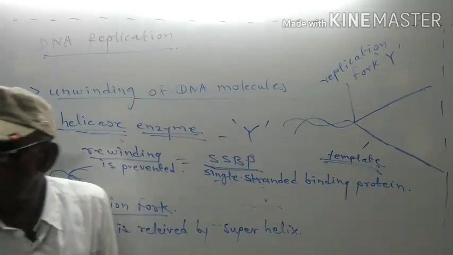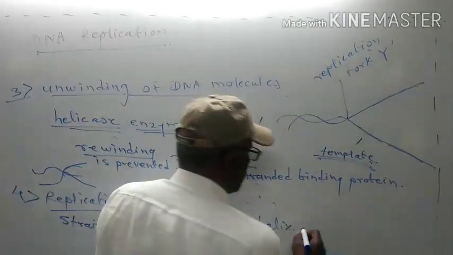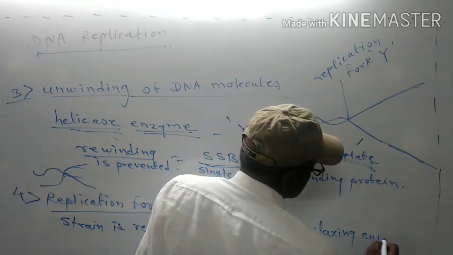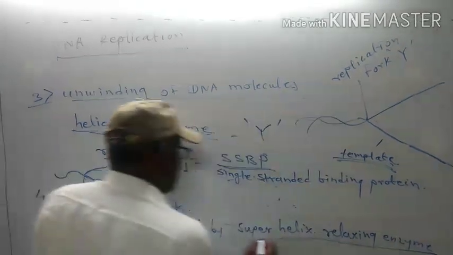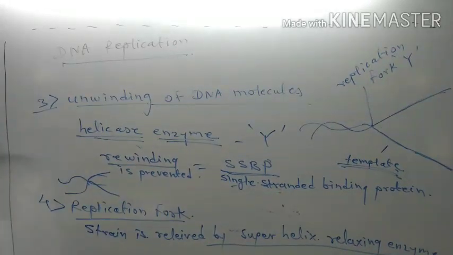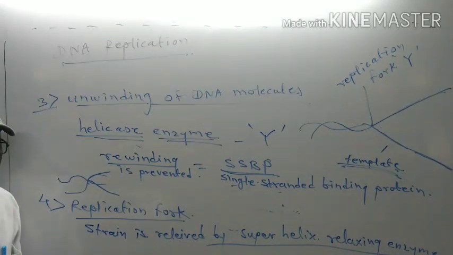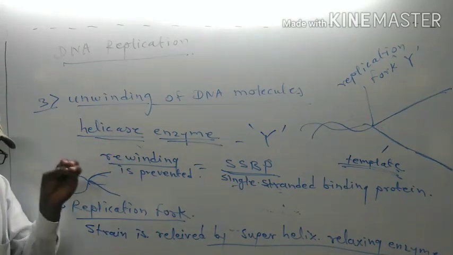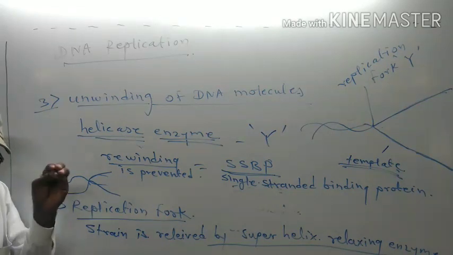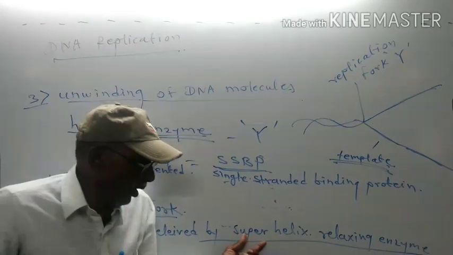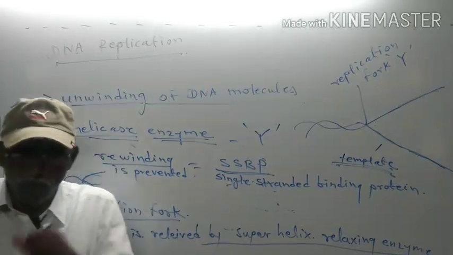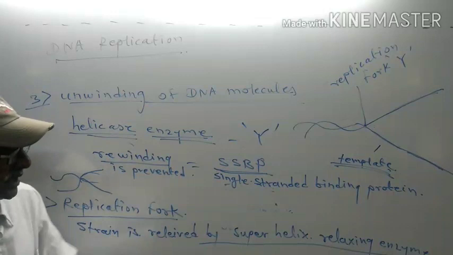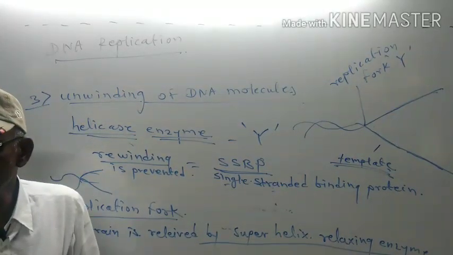With the help of this enzyme, the strain created in this DNA molecule due to the replication fork is relieved. So this is the fourth step.